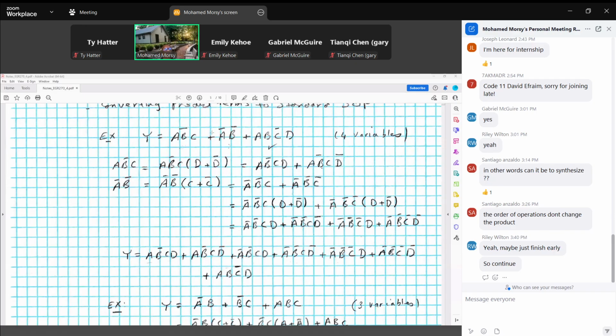It's not. Why is it not? Because look at the maximum number of variables here. This one, we can see we have A, B, C, D, regardless of C inverted or D inverted. So the maximum number of variables in this expression is 4.